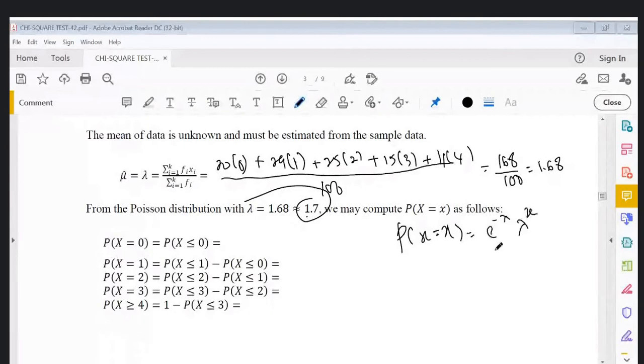Gunakan rumus ni, pun akan dapat jawapan sama. You can get the same answer. For this one, 0.827.